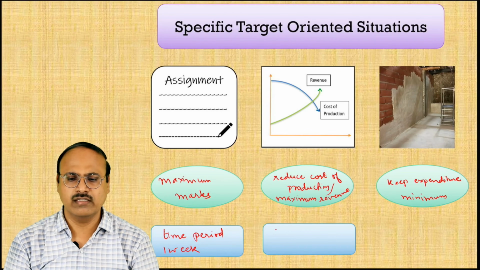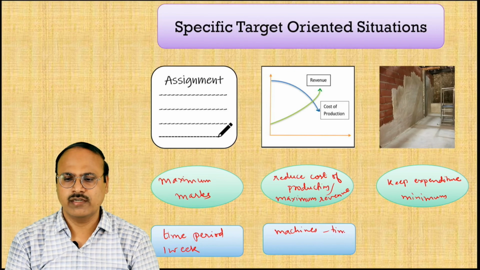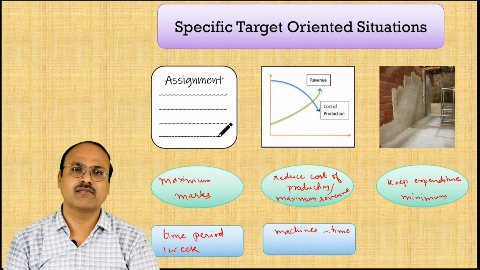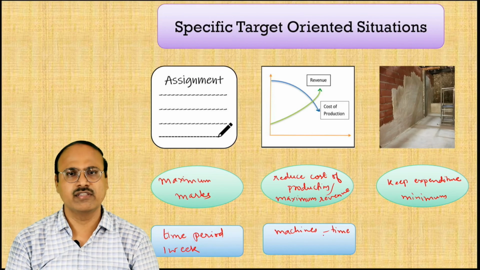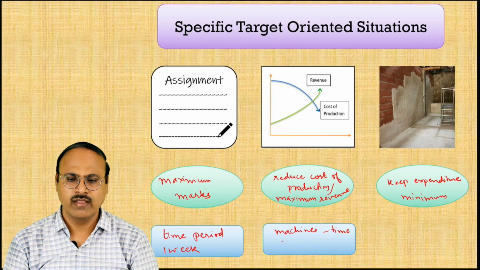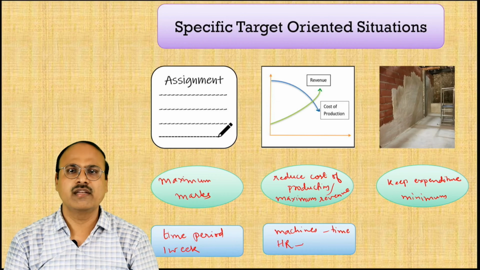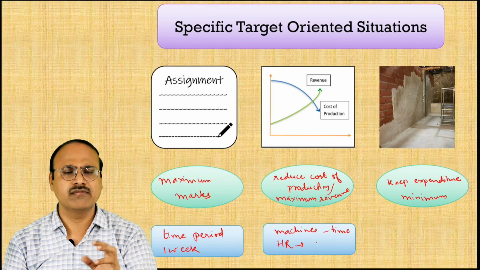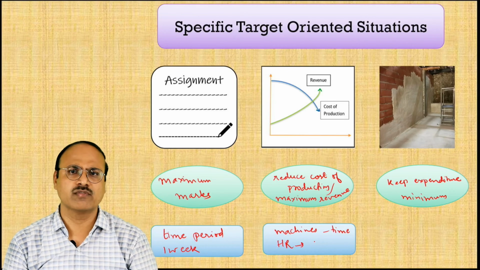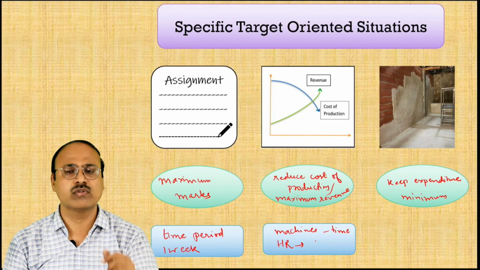The constraints can be about the machines and the time associated with the machines. Say for example, the power supply is there only for 8 hours, not more than 8 hours. So there is a constraint with respect to the running of the machine. The constraint can also be related to human resource. The employees, the workers, will not be able to work for more than a particular amount of time.